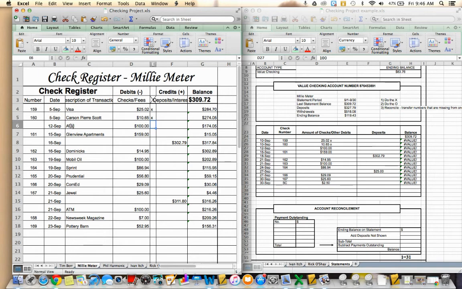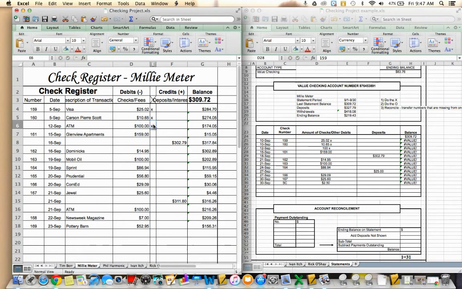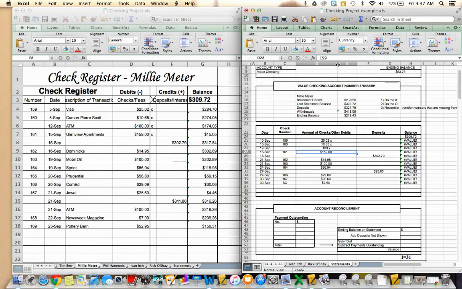Again, this is an ATM, so it's not going to have a check number, so I'm going to put an X next to it. While I'm doing this, you probably want to be doing this on your document as well. You can even pause the video right now as you do this and see if you get the same answer as I do. So the 59 check is the same.